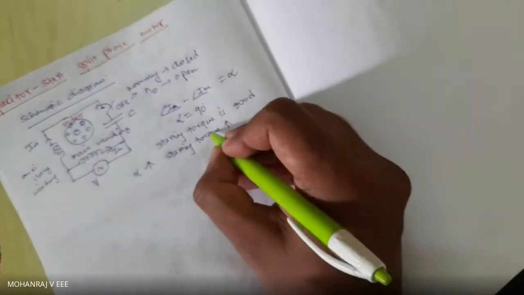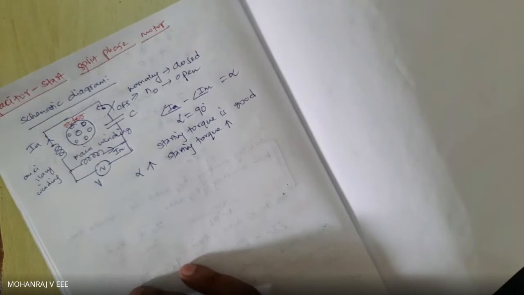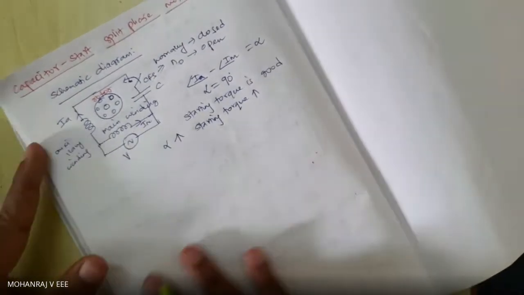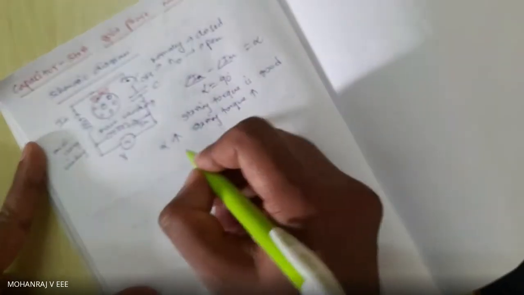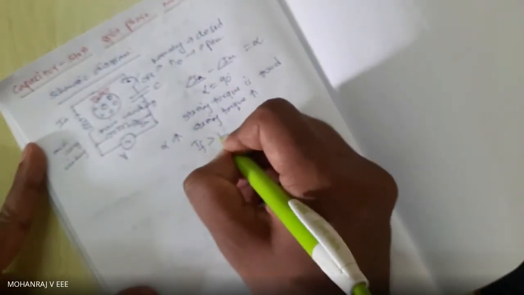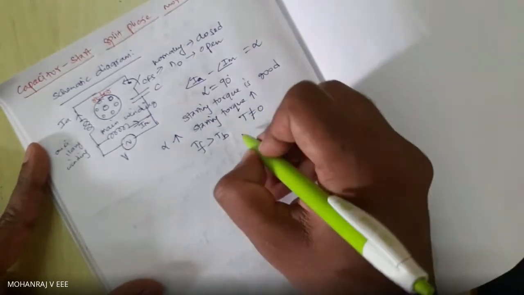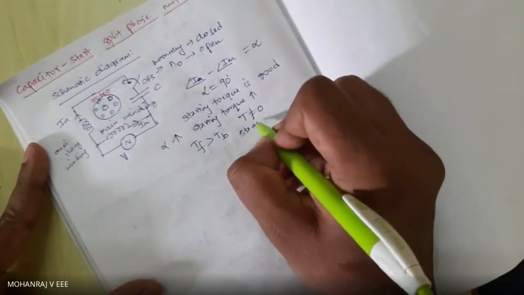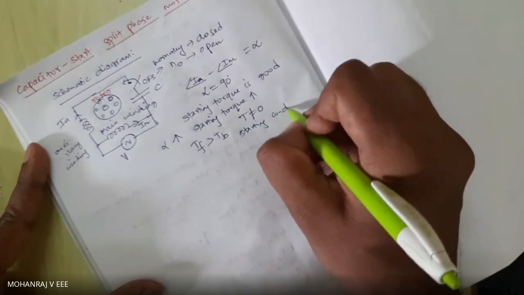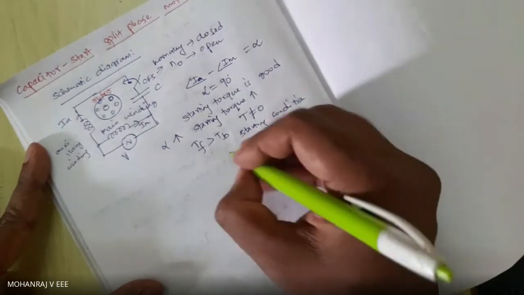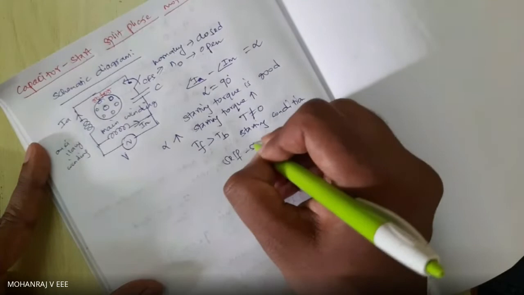As alpha is 90 degrees, the starting torque is good. So we have achieved TF greater than TB, so T is not equal to 0 during starting condition. My motor becomes a self-starting motor.